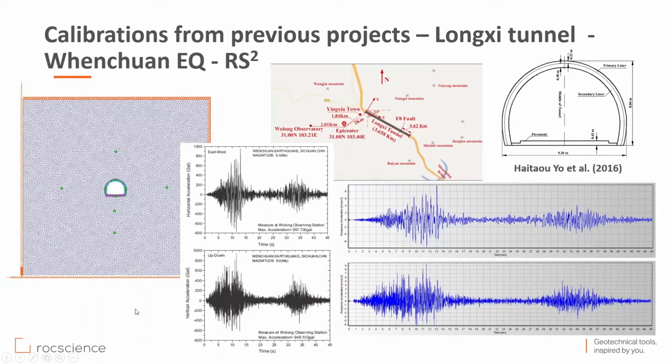The Longxi Tunnel is located at a distance of 2 kilometers from the epicenter of the Wenchuan earthquake. So here you can see the total length of the tunnel is around 3.6 kilometers, with a cross-section composed of 2 parallel twin tunnels, one for each direction, separated 30 meters between axes.